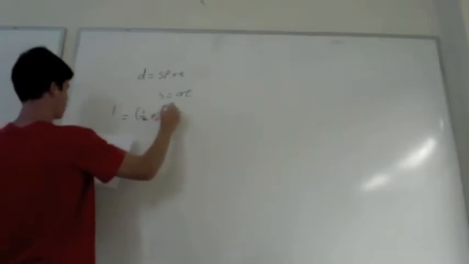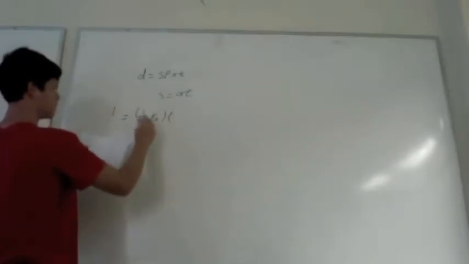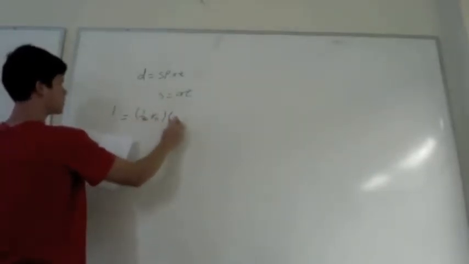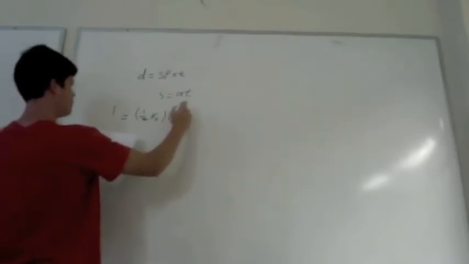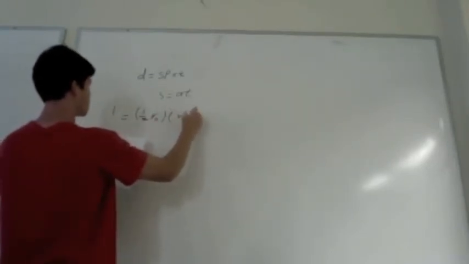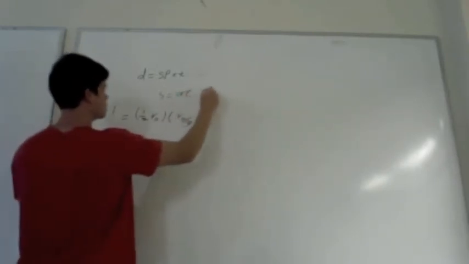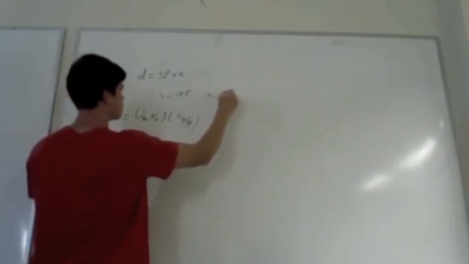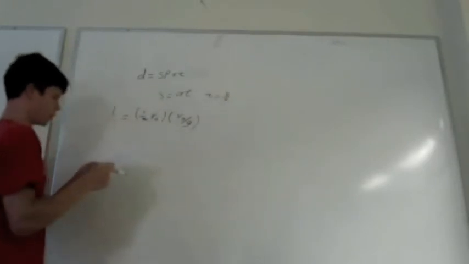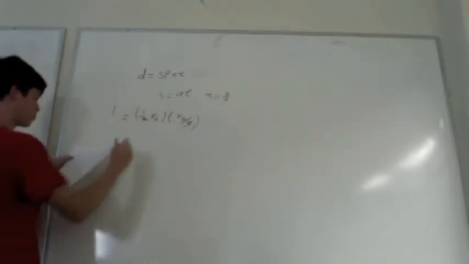We're multiplying that times time, so this is average speed. Time is going to be V0, original velocity, over g, just extrapolating that from here, where t equals s over a.